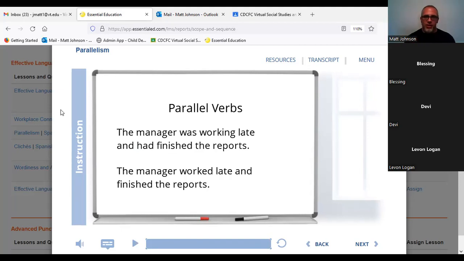It's when we start changing the tenses within a sentence, and while it may be a past tense, we're not using the same past tense, and that causes some confusion and looks weird because it's basically saying the manager was working late and had finished the reports. There's two different elements going on there.